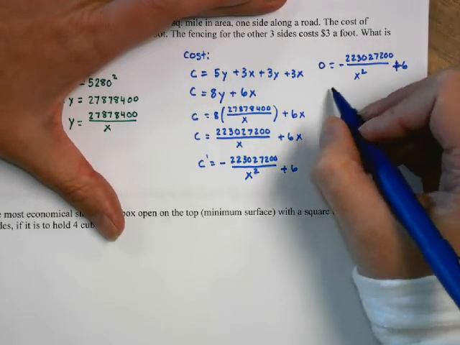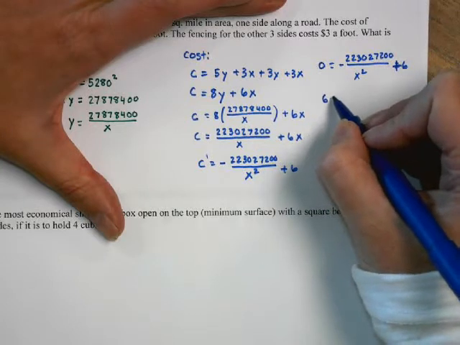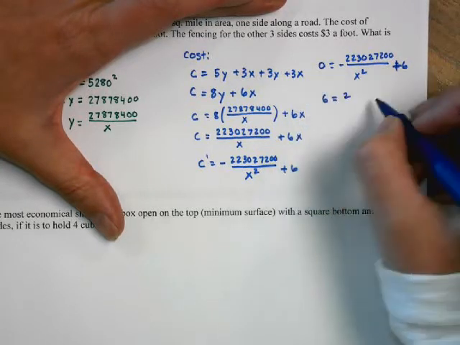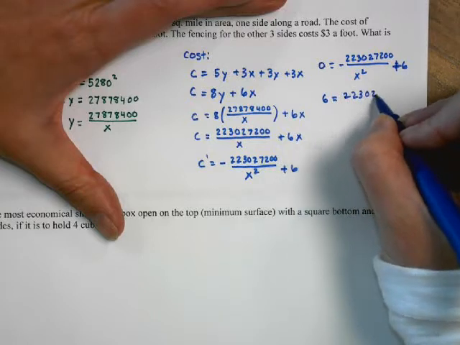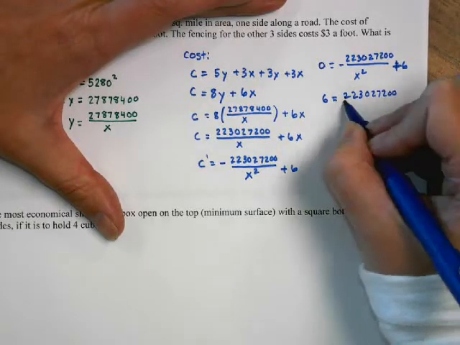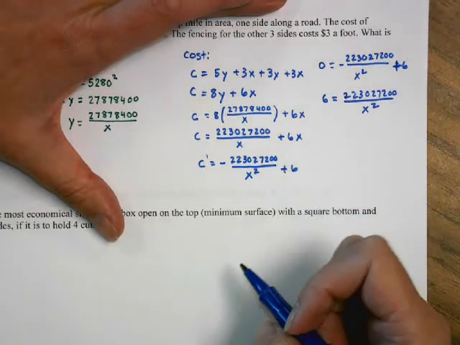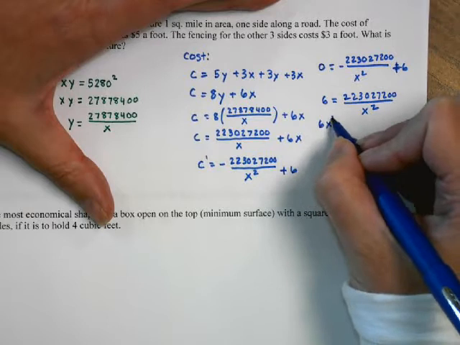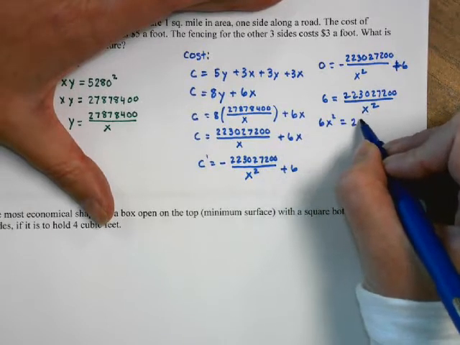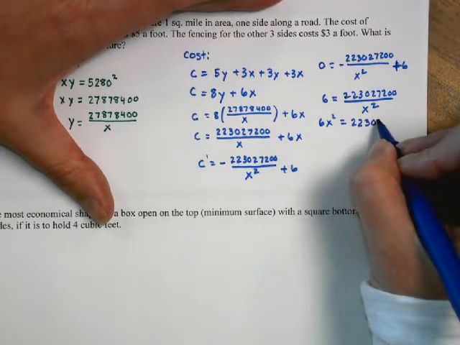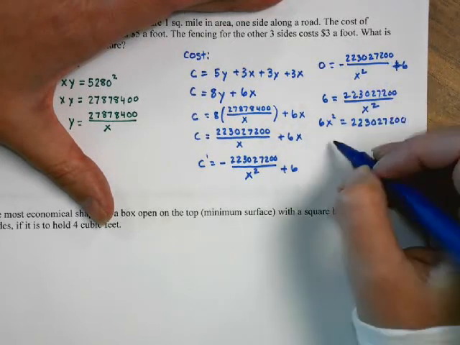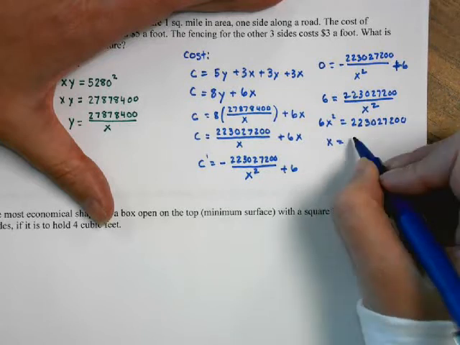So 6 is equal to, so we can add this over, 223,027,200 over x squared. I can multiply the x squared over, so 6x squared equals this. Divide by 6.